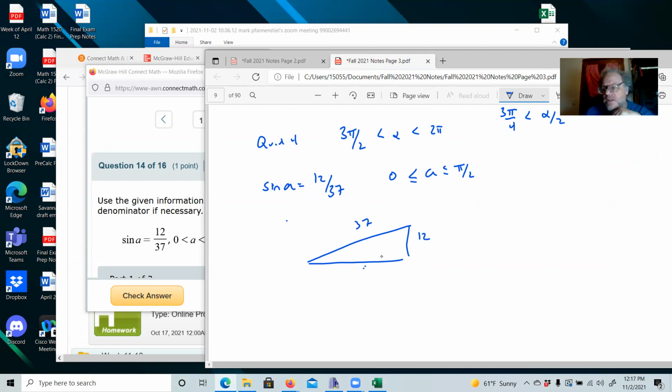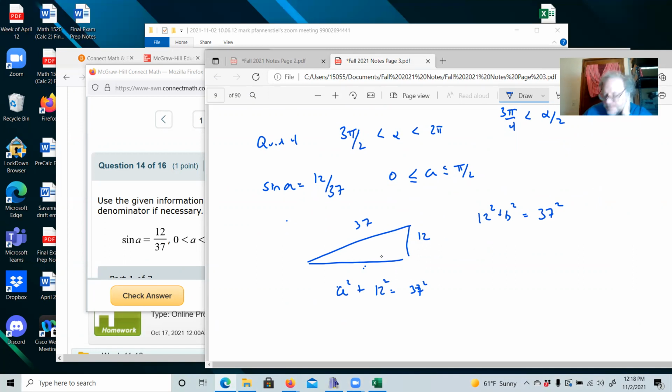What the heck is this? So we have 12 squared plus b squared equal to 37 squared. Let's do some arithmetic on the side here. So a squared plus 12 squared is equal to 37 squared.